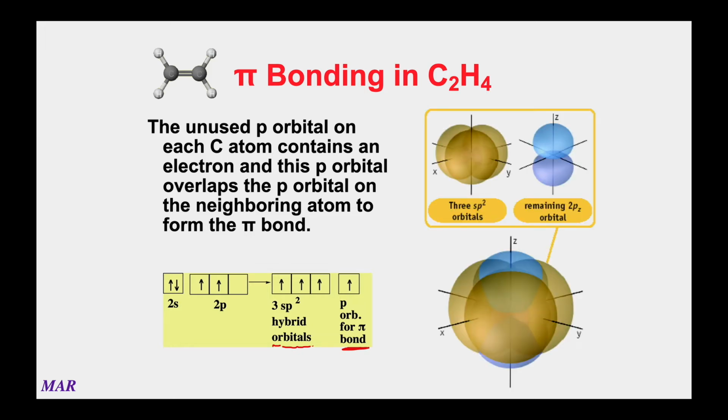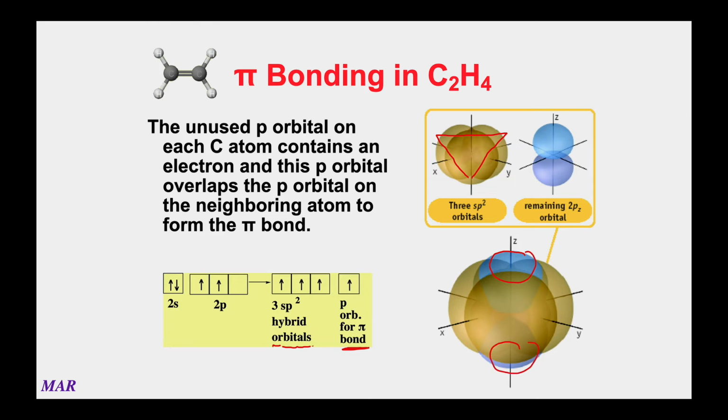Now, it's kind of hard to see here, but this yellow blob is basically the trigonal planar. I've drawn it kind of coming out at the board, but you want to think about it as being flat, like a flat triangle. And the unused p orbital sticks up a little bit above and a little bit below the triangle.